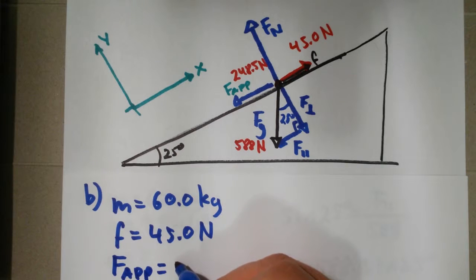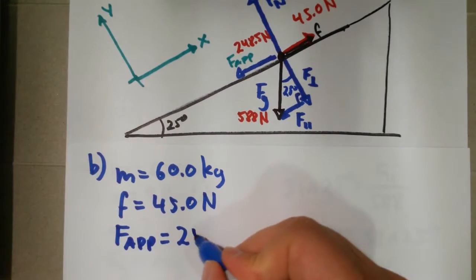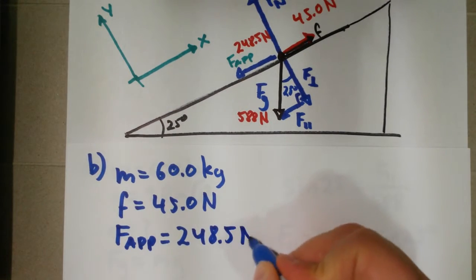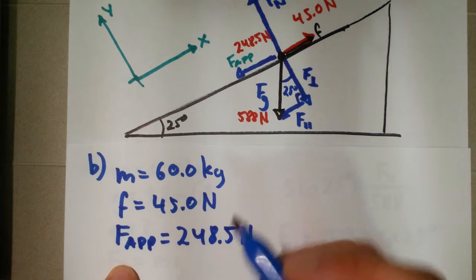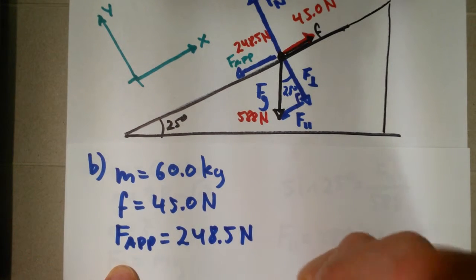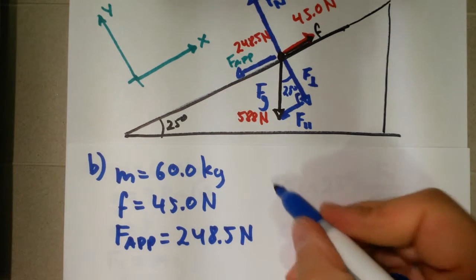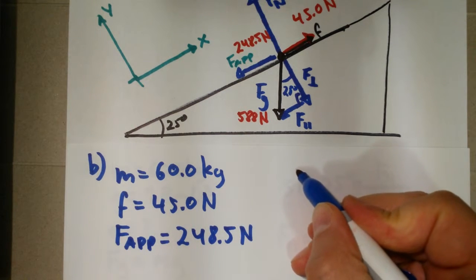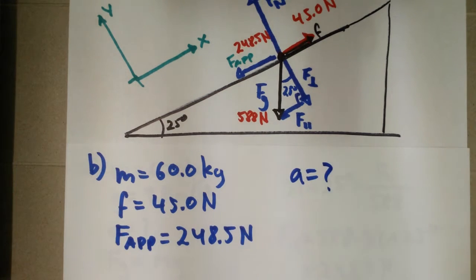The applied force is 248.5. Once again, remember that this applied force in our previous example turned out to be the net force. Why? Because we were asked to ignore the force of friction. Okay, and of course we are looking for the acceleration here. Let me just put it down here with a question mark.